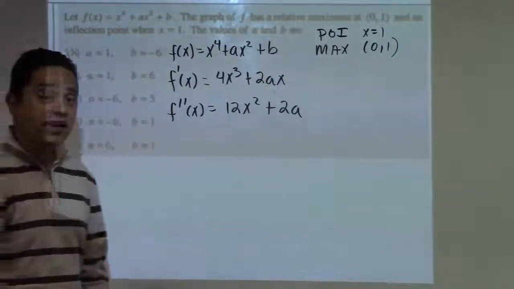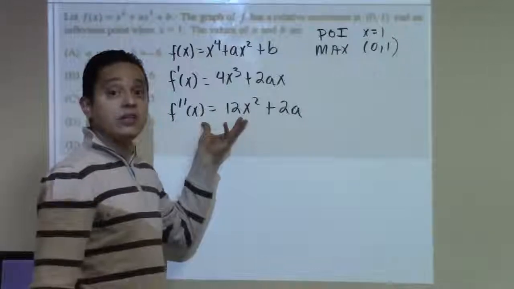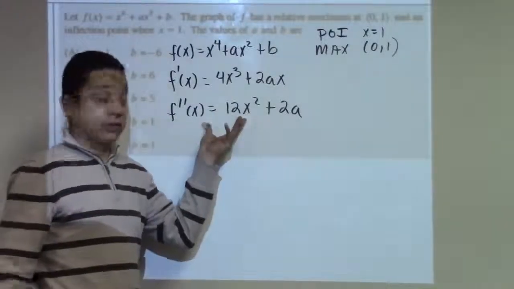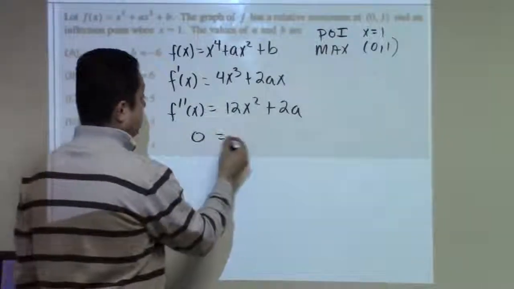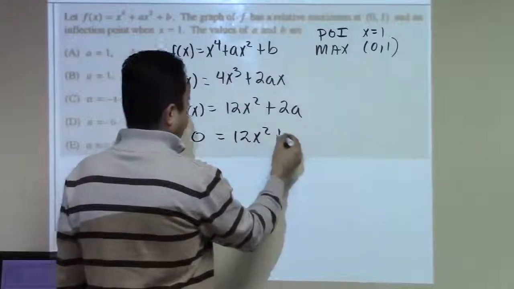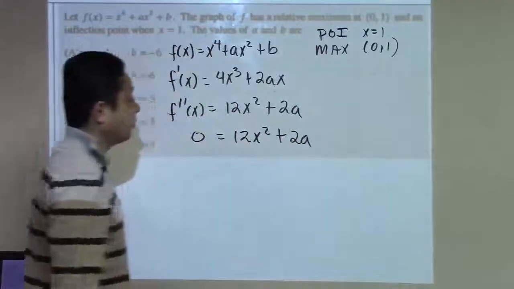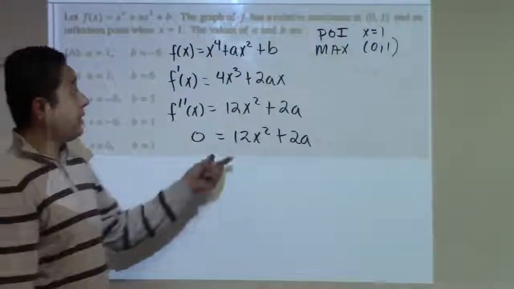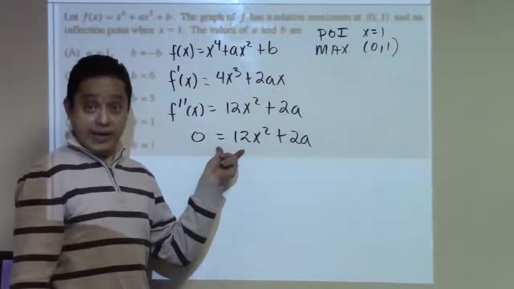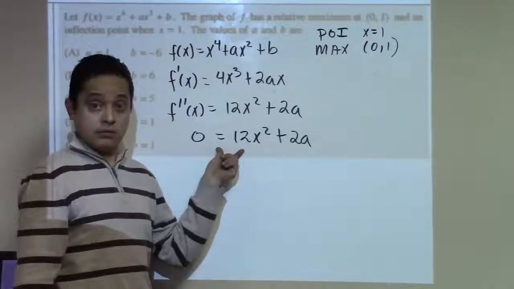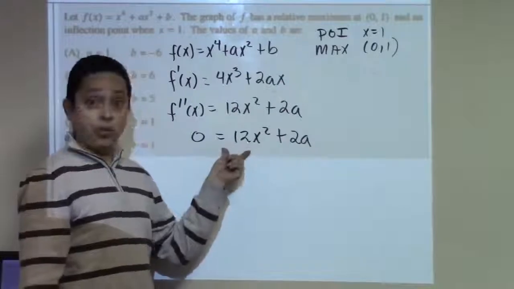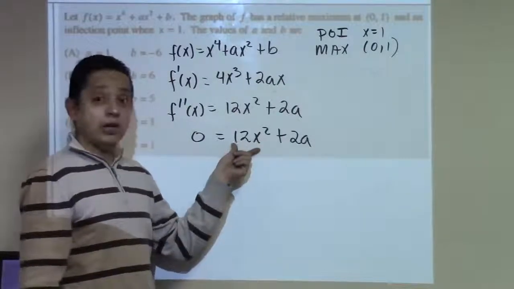Now remember, POIs come from when the second derivative equals 0 or undefined. So let's say it equals 0. But they're already saying that there's a POI at x equals 1. So if there's a POI at x equals 1, I'm going to plug in the 1 right here.